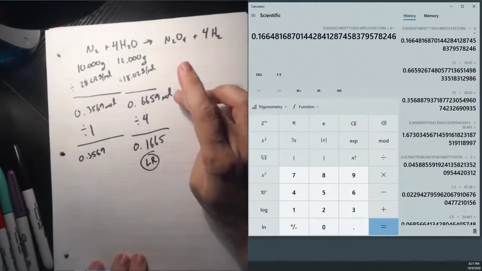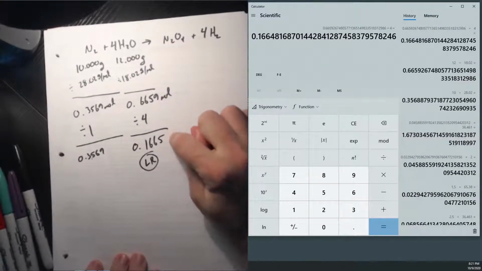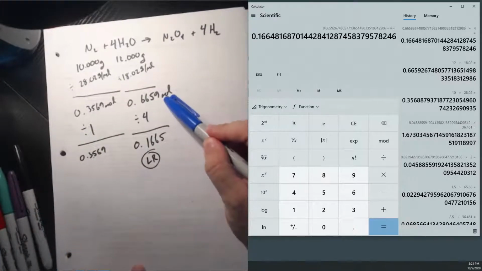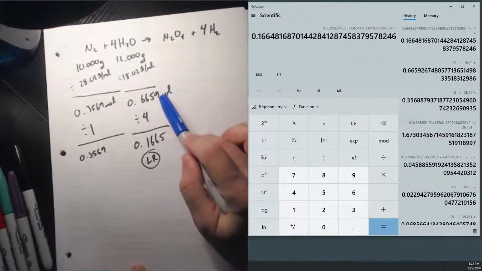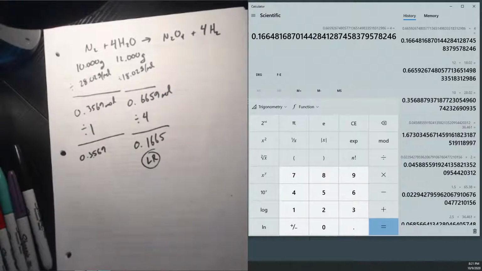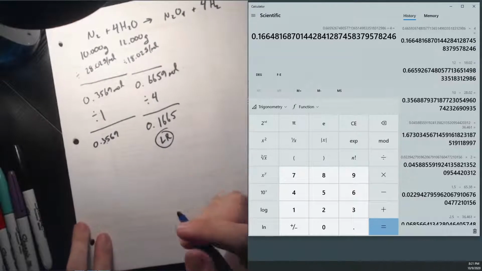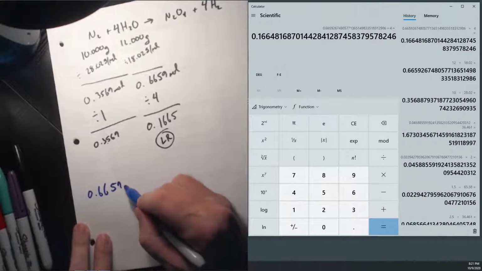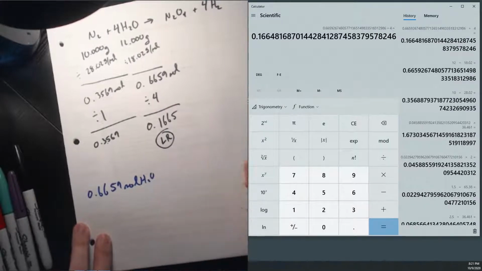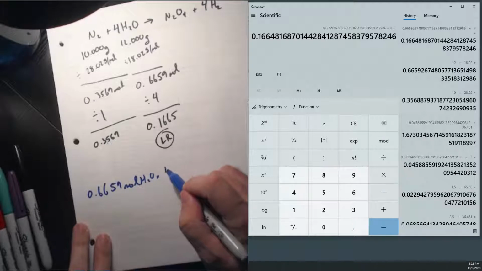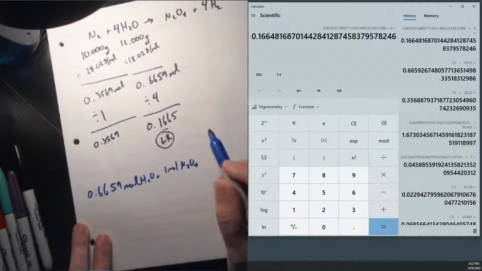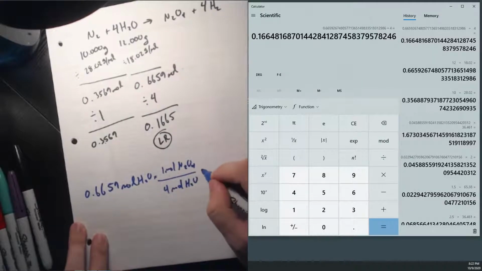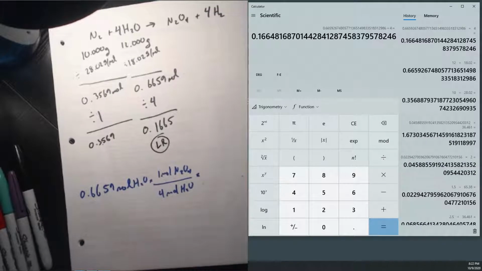And now we can see once again why I'm stressing use this number because it's significantly different. All right, so now we can use this to calculate how many moles of the dinitrogen tetroxide we could make using this really weird reaction. All right, 0.6659 moles of water times 1 mole of N2O4 for every 4 moles of water times the molar mass of dinitrogen tetroxide.